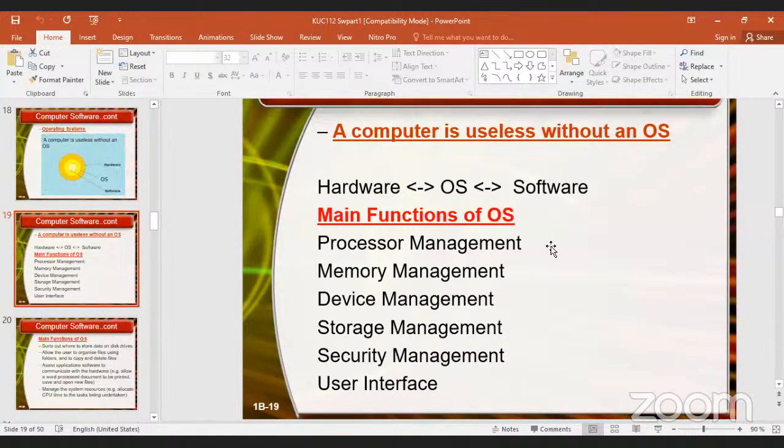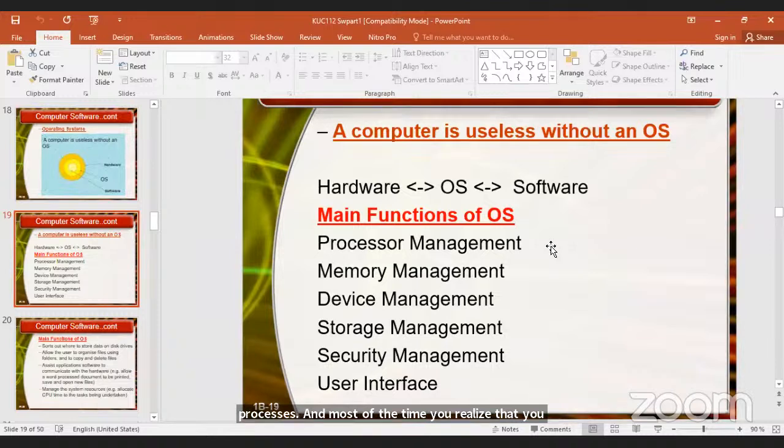So main functions of the operating system include processor management. So the processor comes from the word process. Remember, when you are having many programs running on the computer, these programs usually create processes. And most of the time, you realize that you are running a lot of processes on the computer system.